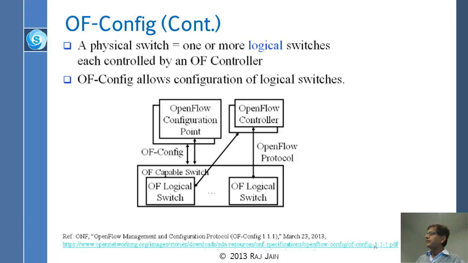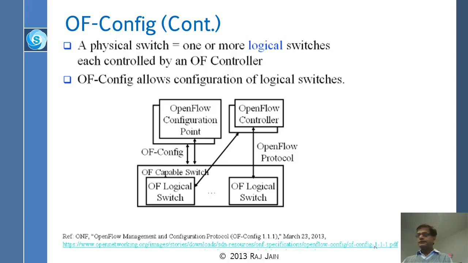It could have many logical switches. As shown here, we have 1, 2, and then in between, so many virtual switches. And so the configuration point could say that this switch talks to that controller, this switch talks to that controller, and so on and so forth. So you could have multiple controllers for one physical switch. And we call them logical switches in this thing.